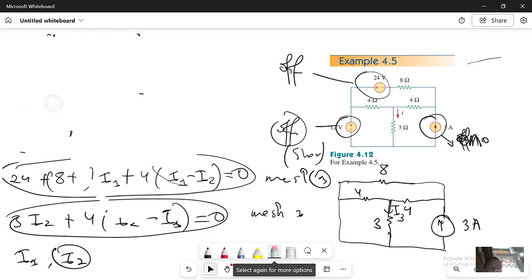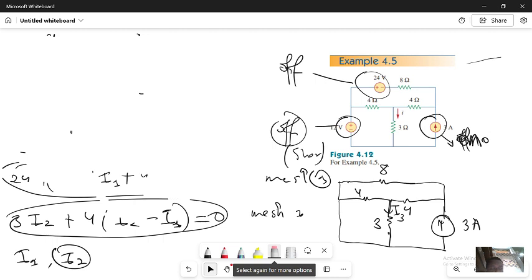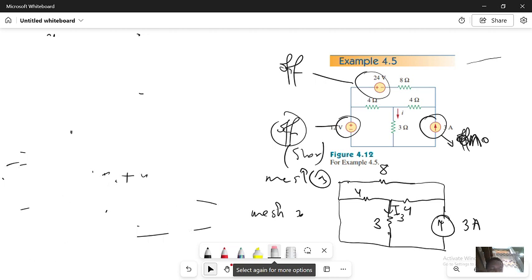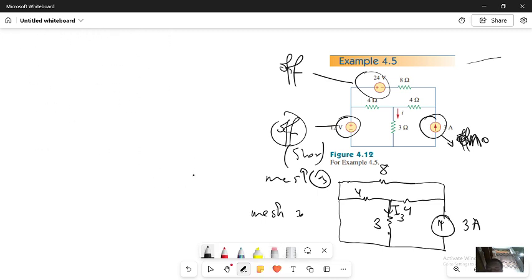Let's say I take nodal analysis, meaning I will have this one as, for example, V1, here I will have V2, here I will have V3. For nodal analysis, this current is entering, this current is leaving. I can make this one leaving.